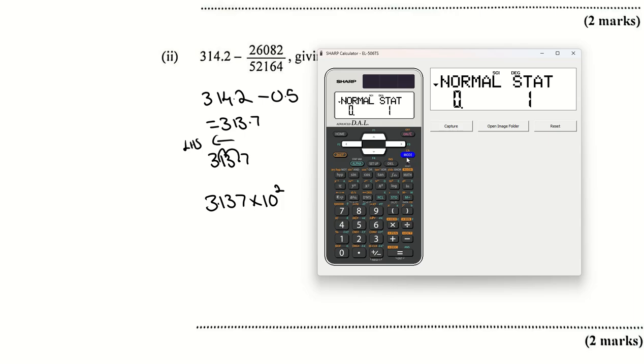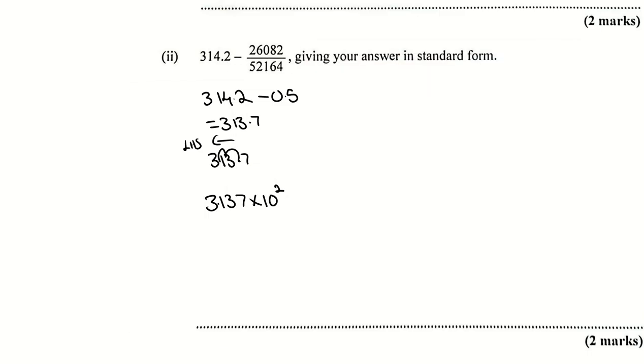Then you go back on mode and you press mode, set up 1, and you want it on normal, so 3. Right, and that is how you would get standard notation on a Sharp calculator. Let's go on to the next question.